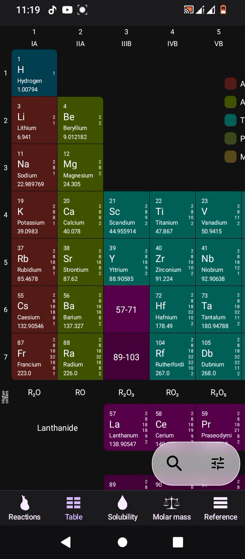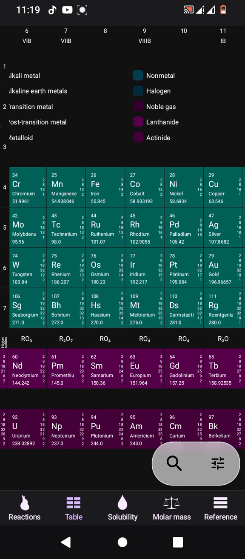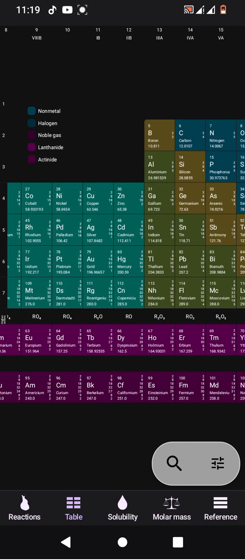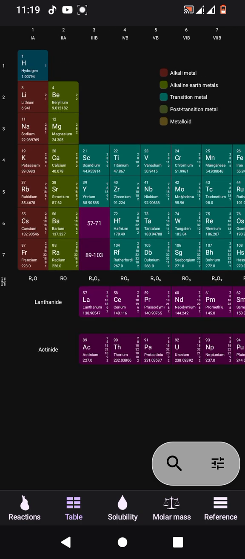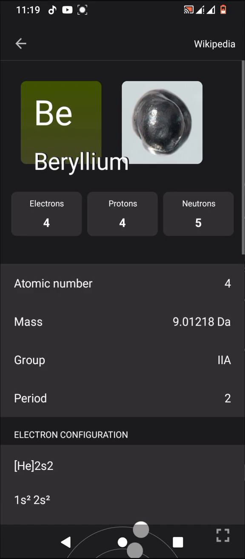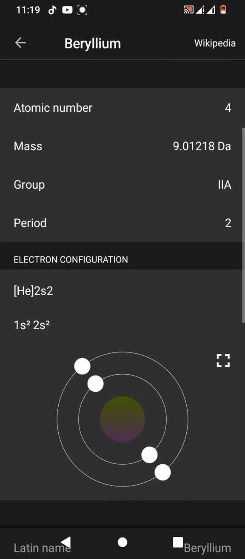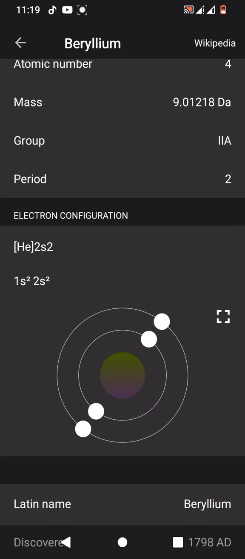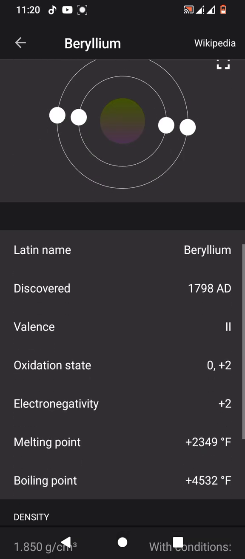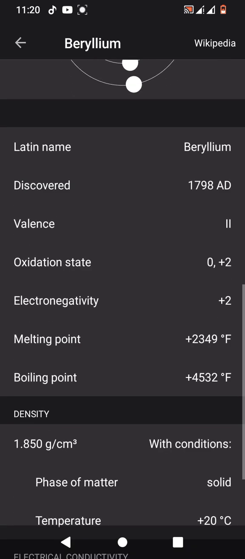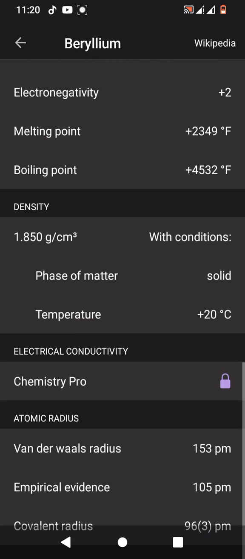So it's a very great app. So this periodic table is actually interactive, because let's, for example, click on beryllium. So you could see it gives us the actual physical image of beryllium, and it gives us some kind of the structure of the atom of beryllium, and some information. I'm sure there's some information we could probably use.